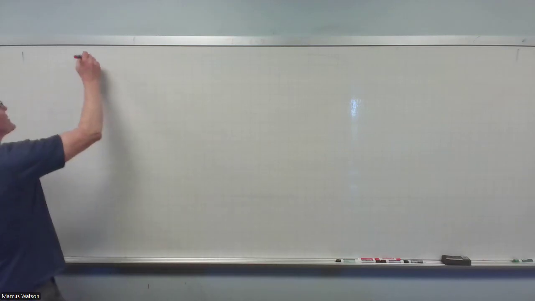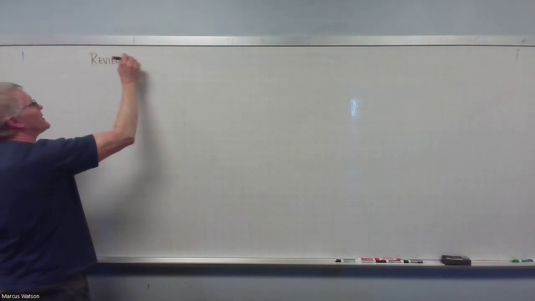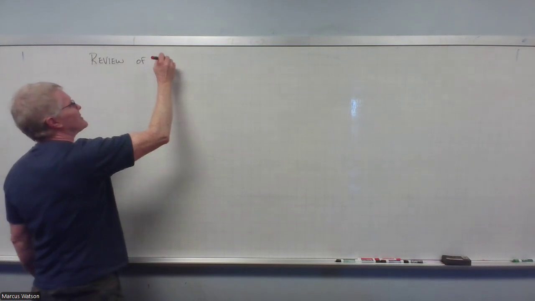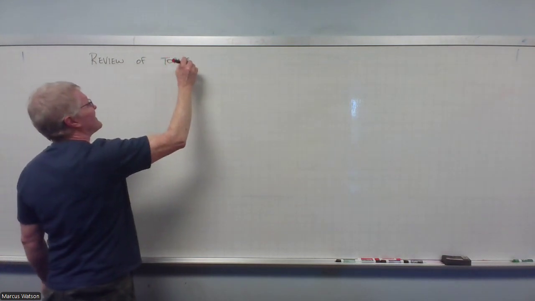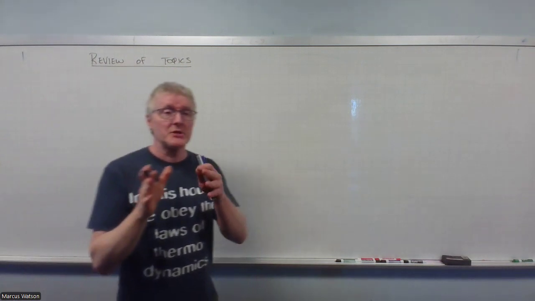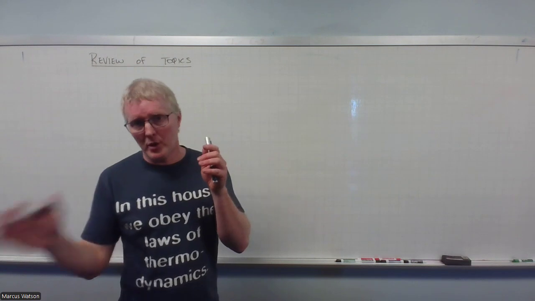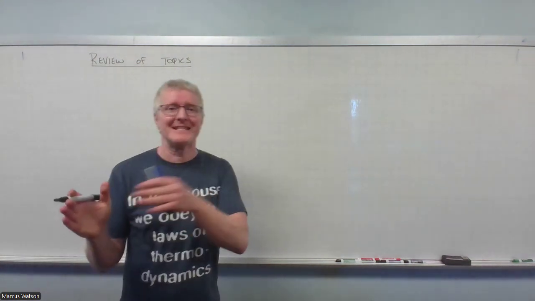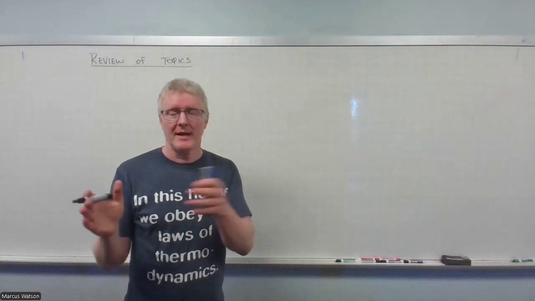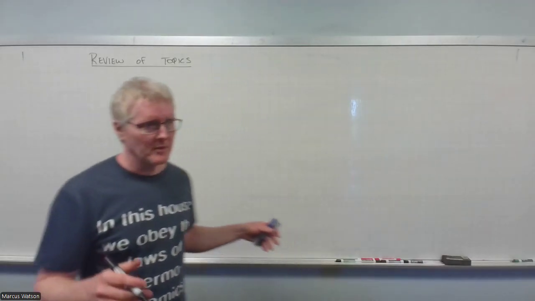So let's take a look. What topics are we going to find showing up? Well, like I said, the final is essentially a two-legged animal. It's partly all of the stuff since Celebration 2, and it's partly all of the stuff prior to Celebration 2.